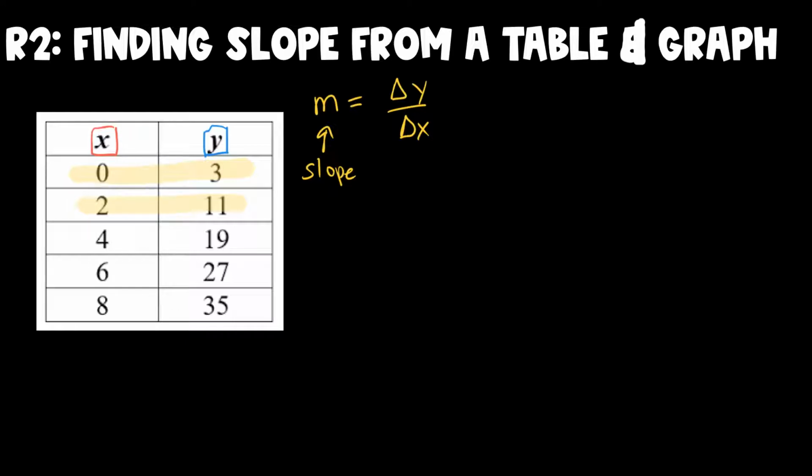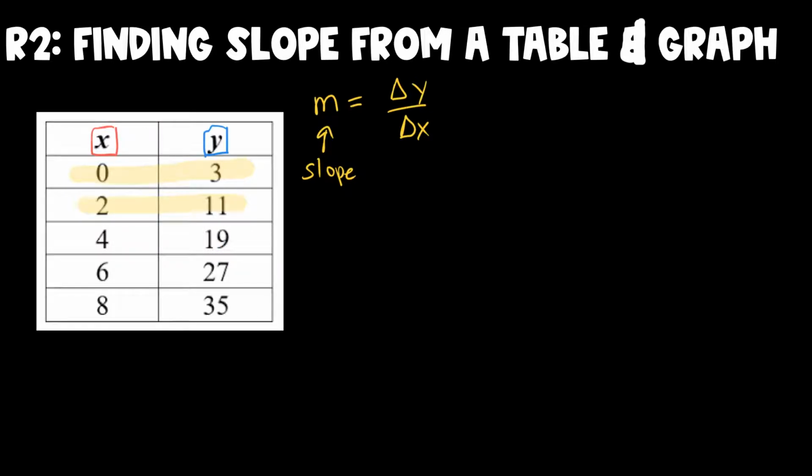Now that I have my two rows selected, I'm gonna find the change in Y. The way that we do this is we work from the bottom to the top. Out of these two rows, I'm working a Y value first because Y comes first. So the number that goes on the bottom will be 11. Then I'm going to work my way up to the top.